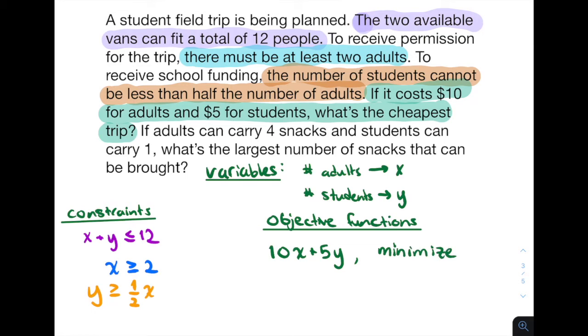We also see that we want to find the largest number of snacks that can be brought, so maximize, and we're told that adults can carry 4 snacks and that students can carry 1. This gives us the objective function 4x plus 1y, and we want to maximize it.